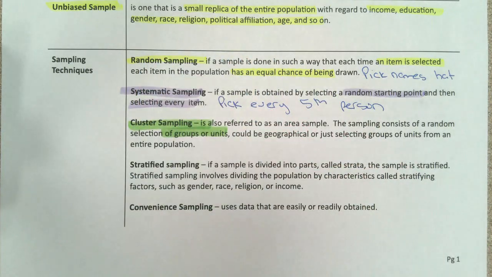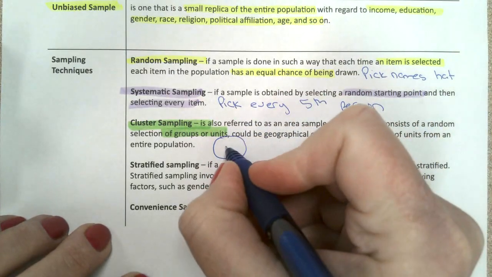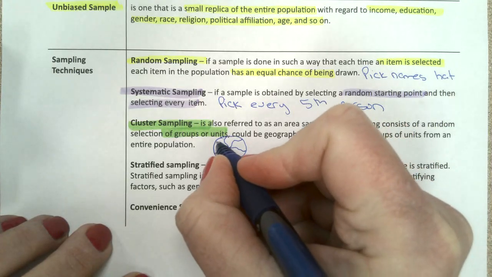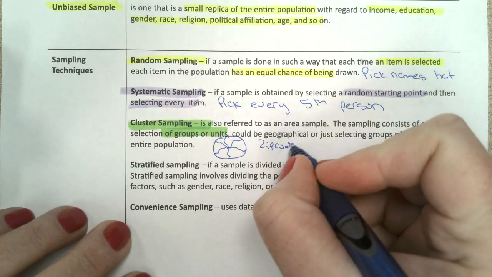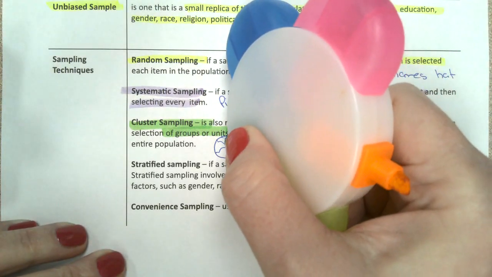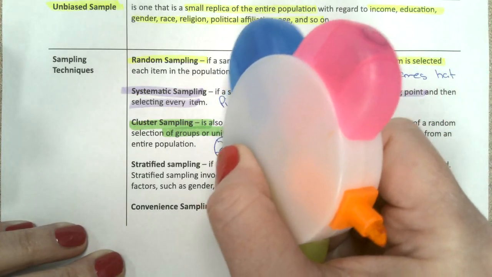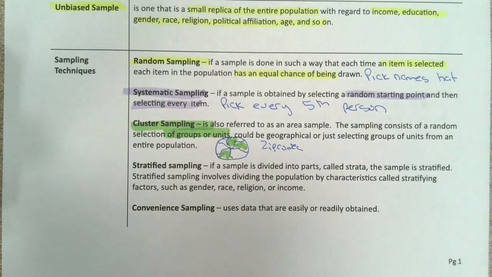So I showed a video in class, and it was like dividing a city maybe into certain zip codes. And then it would be saying, okay, I'm going to select everyone in that zip code, and that zip code, and that zip code. And that is going to be my sample.